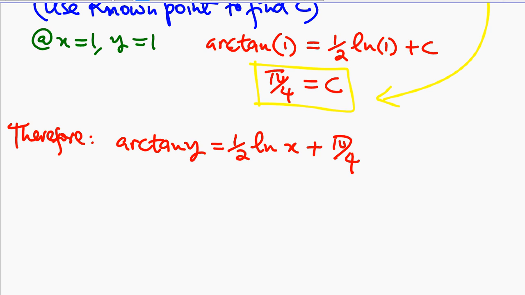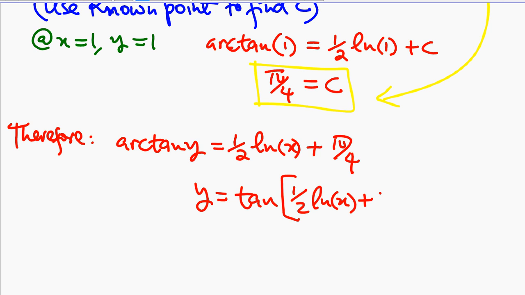Or you can just say that y is equal to tan of a half ln x plus pi over 4.